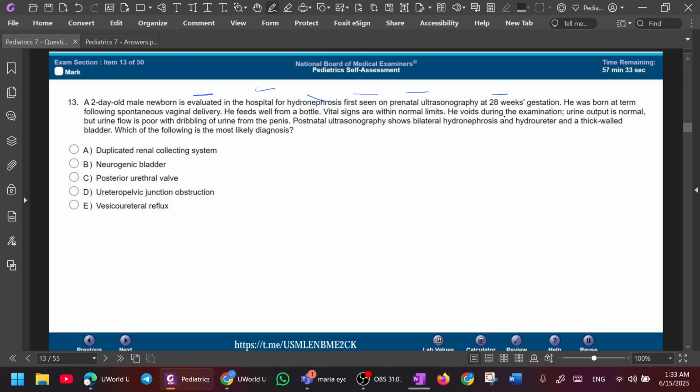He feels well and feeds well from a bottle. Vital signs are within normal limits. He voids during examination. Urine output is normal, but urine flow is poor with dribbling of the urine from the penis. Postnatal ultrasonography shows bilateral hydronephrosis and hydroureter and a thick-walled bladder.